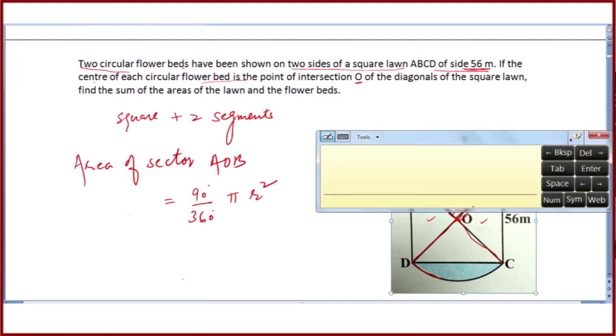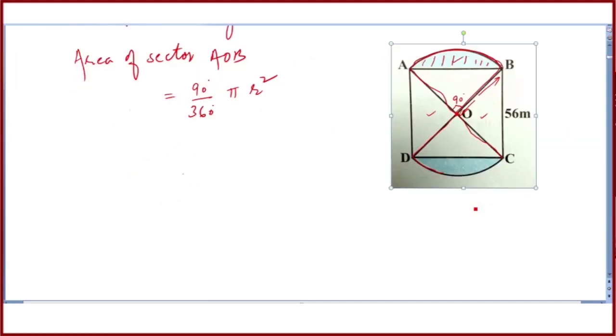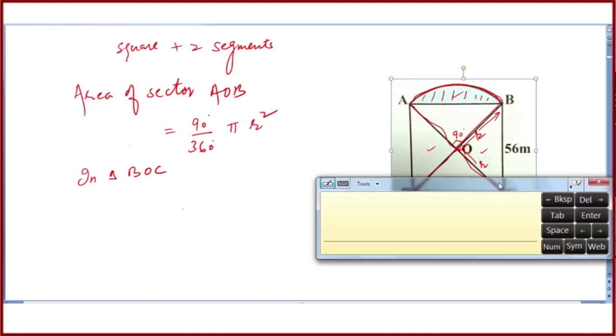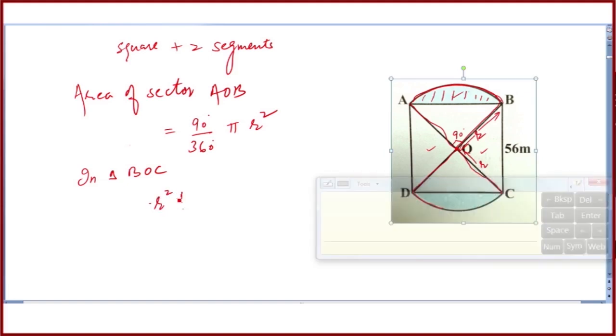We can calculate OB by using Pythagoras theorem in triangle, let us say BOC. If this is r, this is also r, so I can say that r square plus r square is equal to 56 squared.